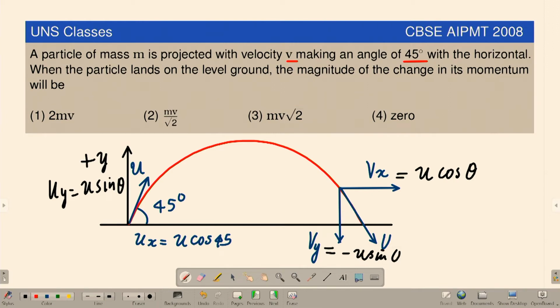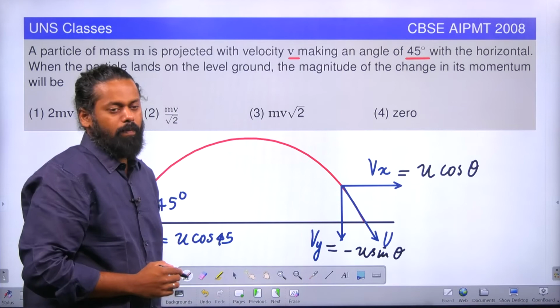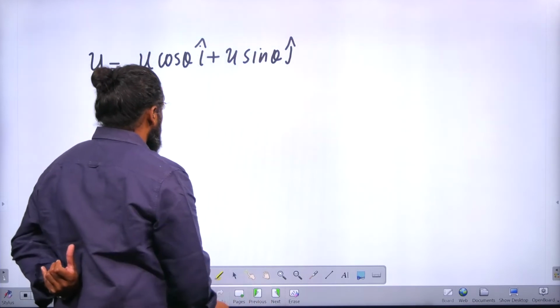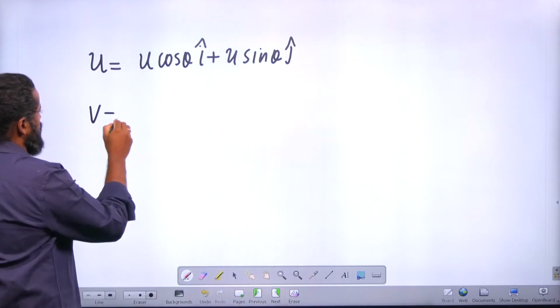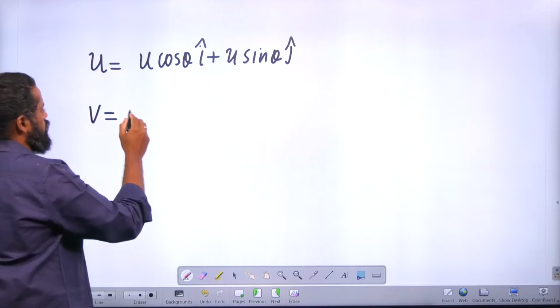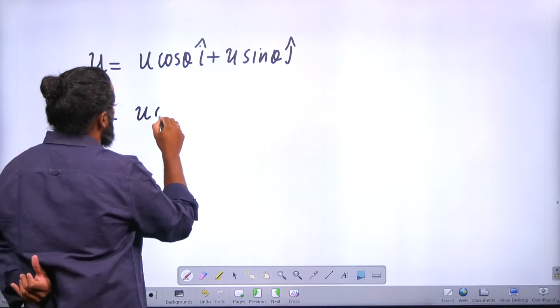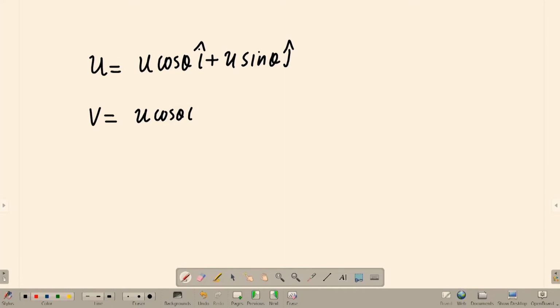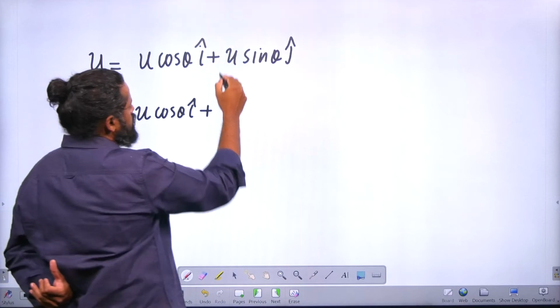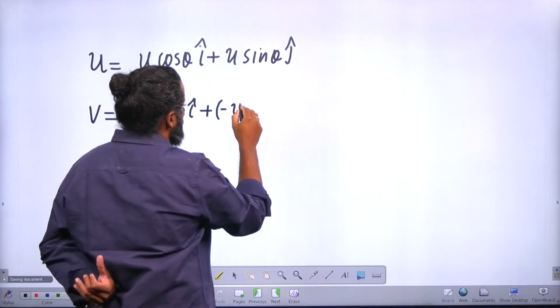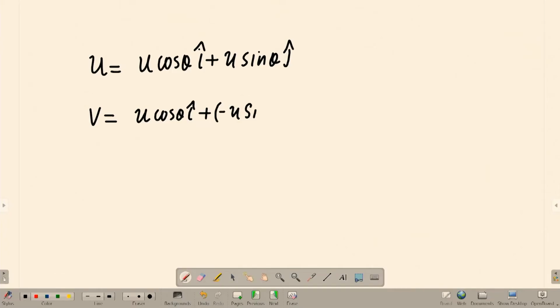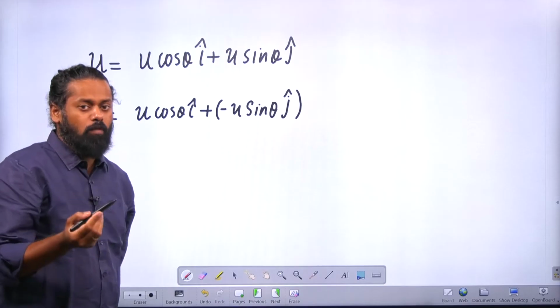This concept we can use to find the change in momentum. Here u is the initial velocity, v is the final velocity. That is going to be u cos theta i cap, plus minus u sin theta j cap. Now we have to find the change in momentum.